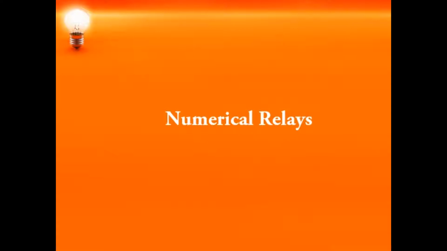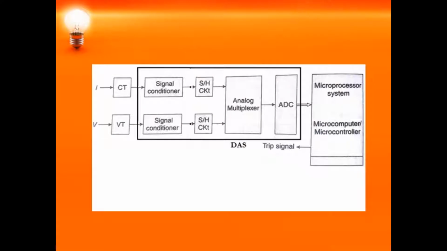All the numerical relays work on the same basic principle, that is, in this type of relay, the analog current and voltage signals will be monitored. As you can see in this diagram, the current and the voltage are being monitored through the primary transducers.